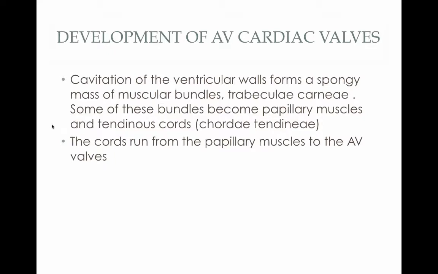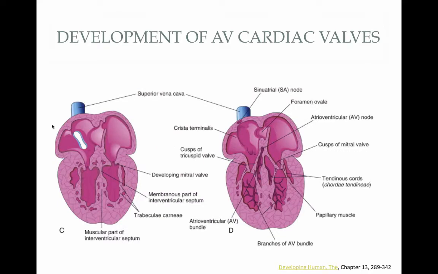So again, right side and left side both have papillary muscles and chordae tendineae. So here's that cavitation process, and then we start to see again the formation of cords and papillary muscles, right side and left side.